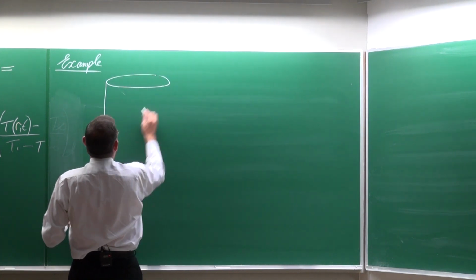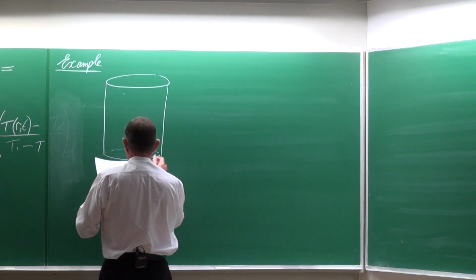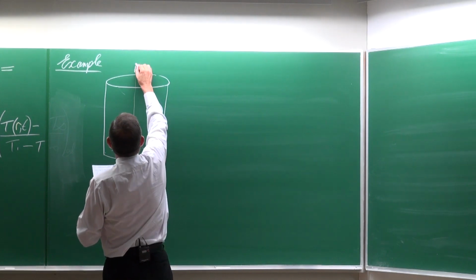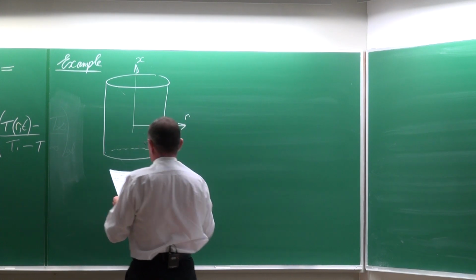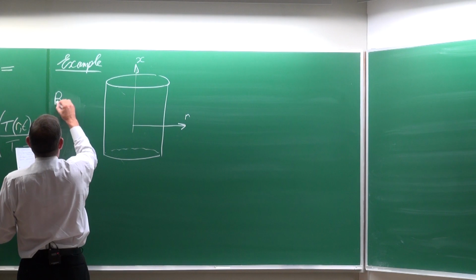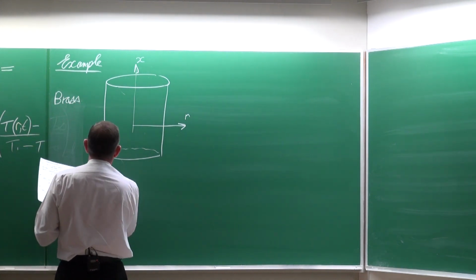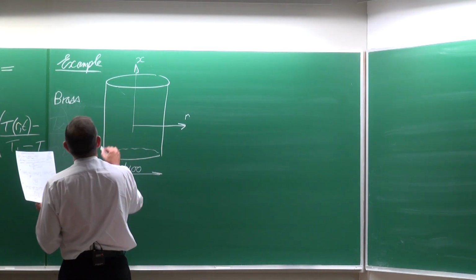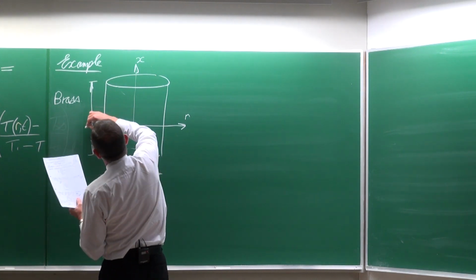Okay, so that is how it looks. And you will see in the sketch that that would be X and that would be equal to R. The cylinder is brass and the diameter is 100 millimeters and it is 120 millimeters in height.